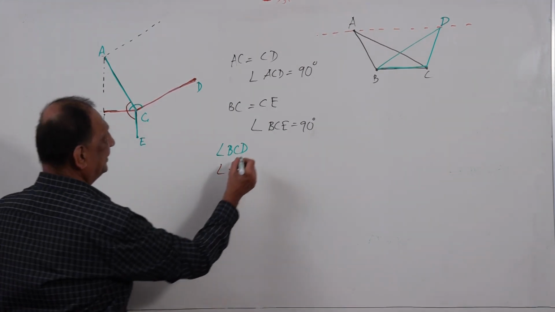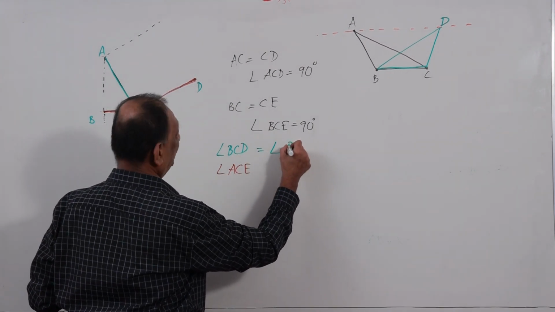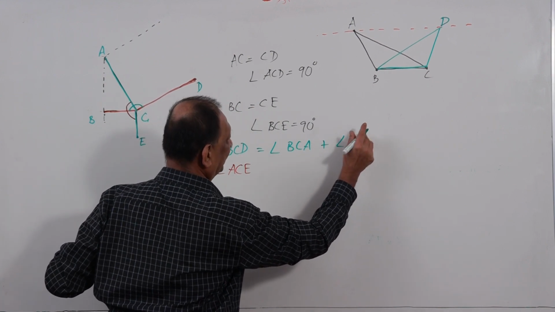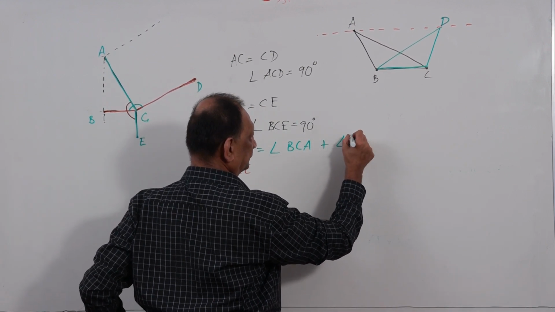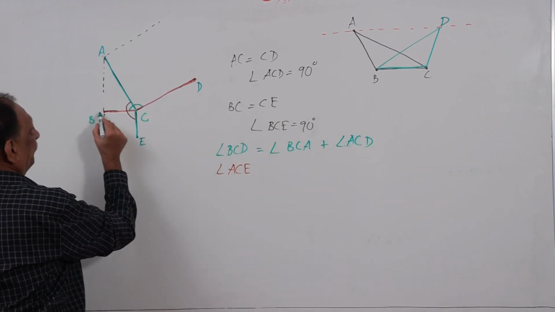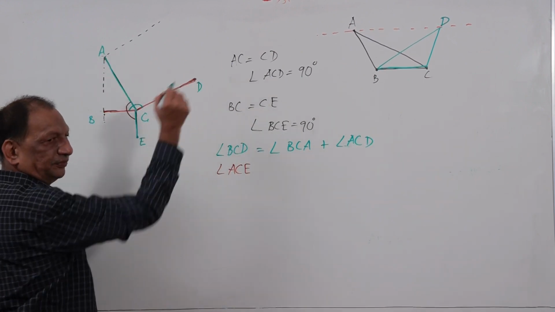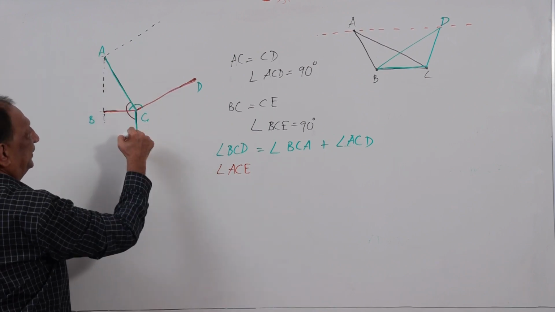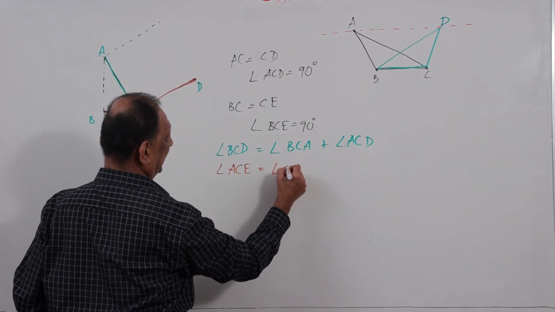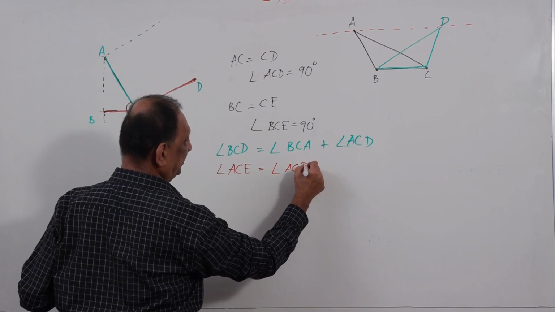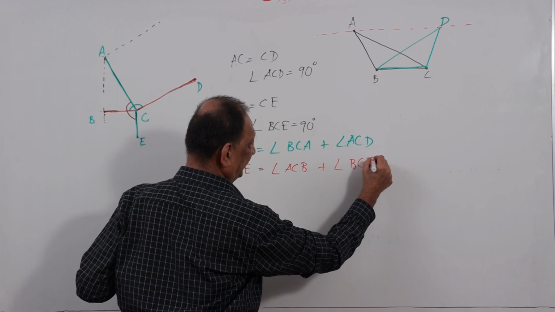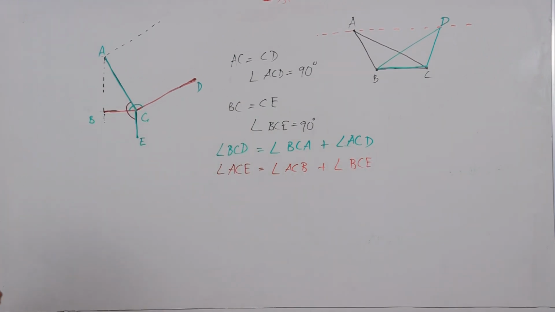Angle BCD is equal to angle BCA plus angle ACD. BCA plus ACD is BCD. Similarly, angle ACE is equal to angle ACB plus angle BCE.